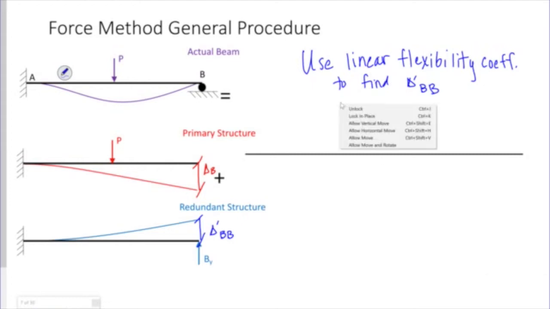So delta prime BB, my deflection at B due to that unknown reaction at B, is this flexibility coefficient, which has the same subscripts, multiplied by my reaction force BY.